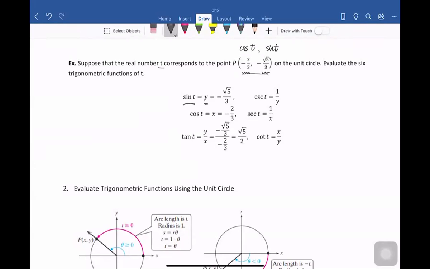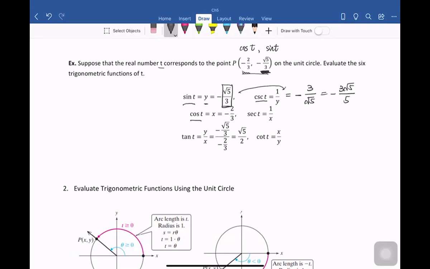Sine t equals y's value, and we have this. Cosecant t is a reciprocal of sine, so just find the reciprocal of this. Keep the negative sign, and 3 goes up, and square root of 5 goes to the bottom, because we just flip this. And then rationalize this, we have negative 3 times square root of 5 over 5.